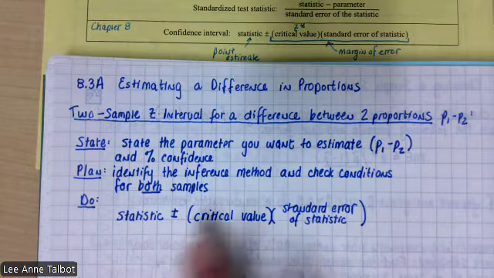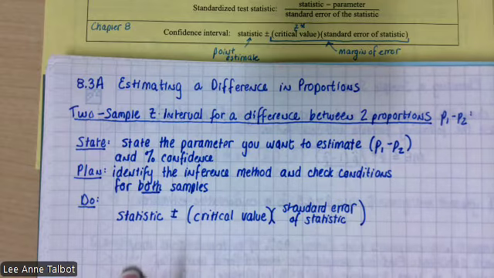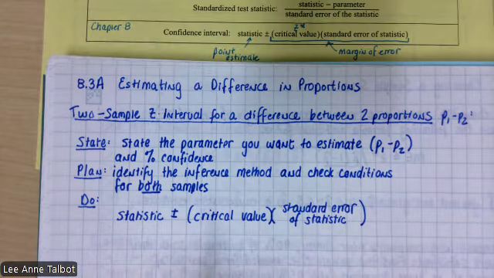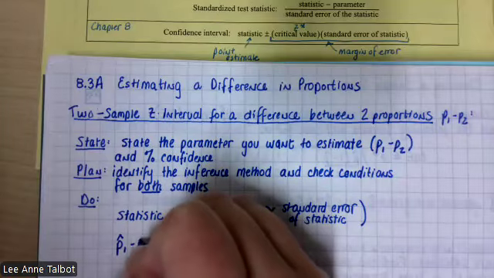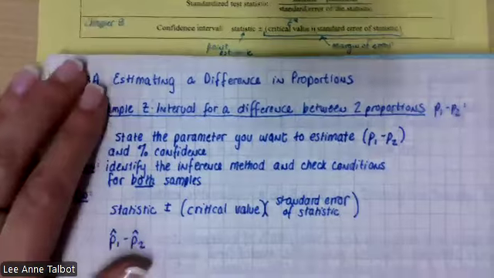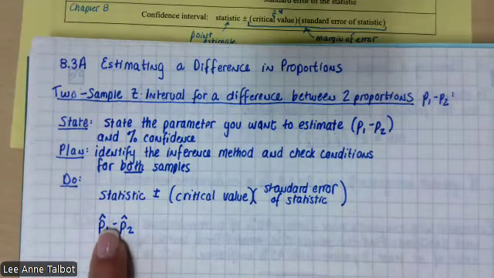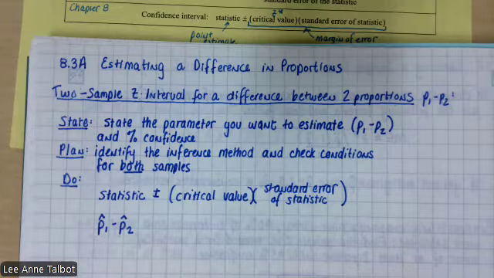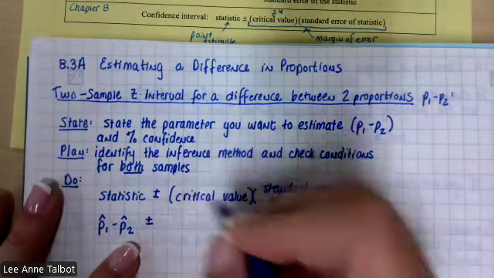What do I do to things to go from population to sample? What do I do to the symbols? Hats. Right. Good job. I really want you guys to know though that this bit right here is one number. You're going to have a decimal here and a decimal here, and you're going to subtract those. Okay. Plus or minus.